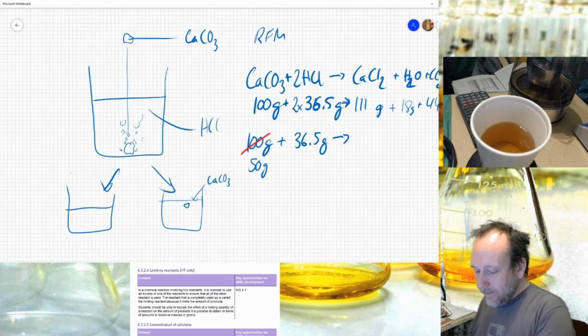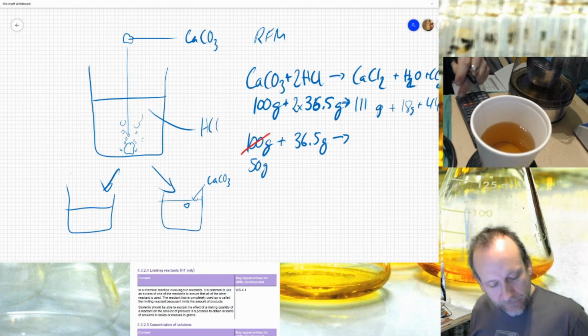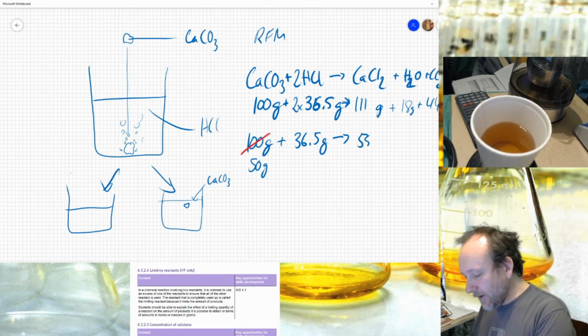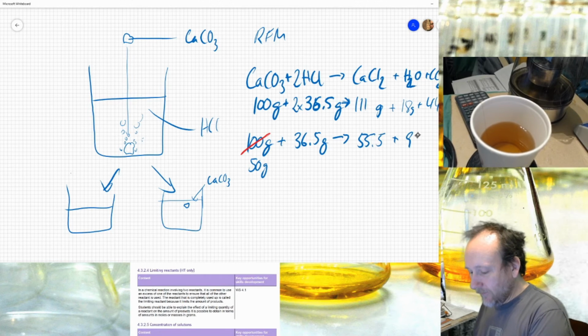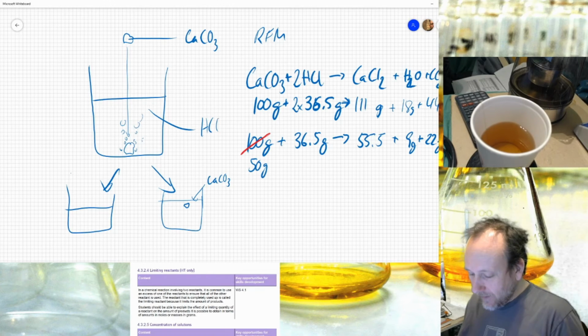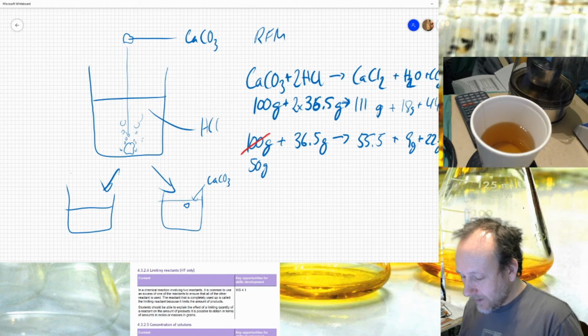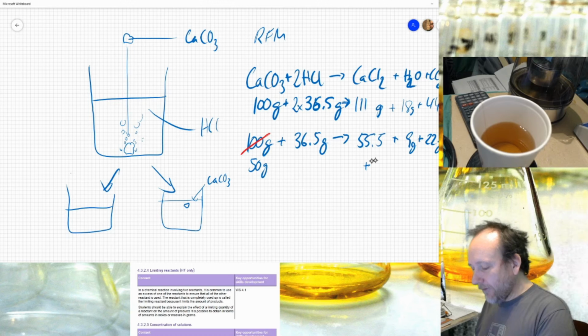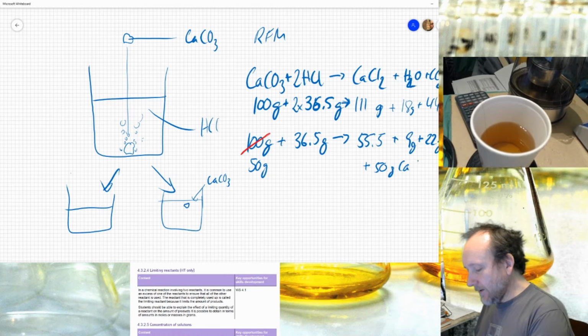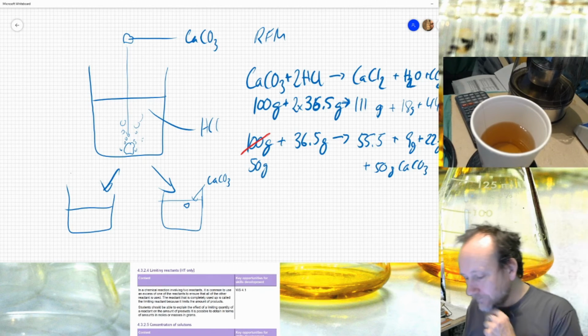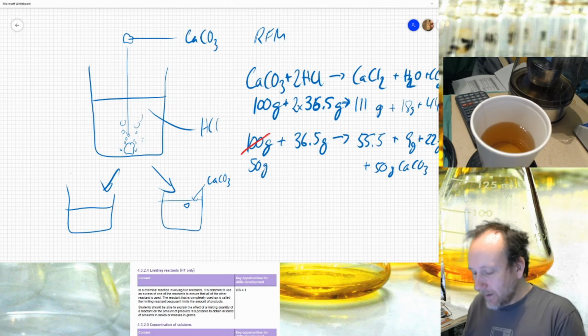That will give me half of the calcium chloride, which is 55.5, and half of the water and half of the carbon dioxide. Why? Because the hydrogen chloride is the limiting factor, and I only have enough for half of the calcium carbonate. What I will have left in the solution is 50 grams of calcium carbonate, so that balances out.